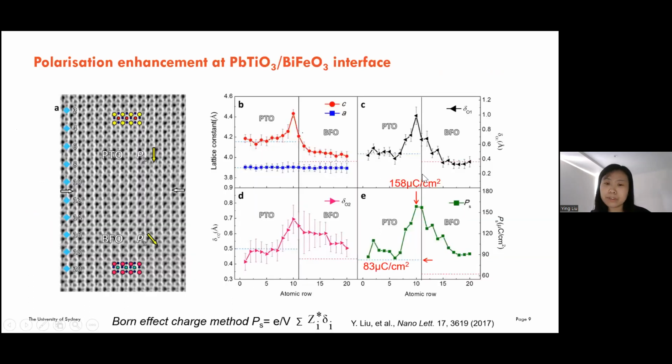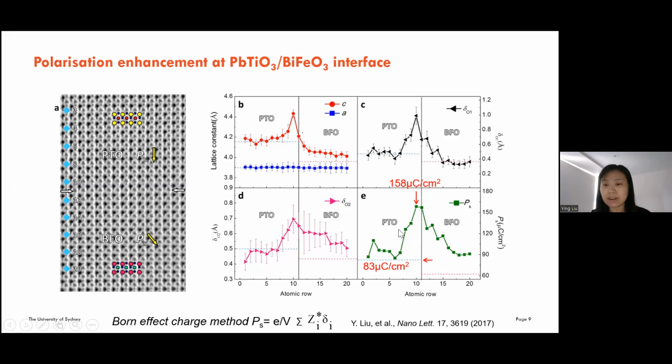So to further prove that there is a polarization enhancement at the interface, we have conducted bright field imaging of the interface. In the bright field image, we can observe lead, titanium, and also oxygen. So according to their positions and displacements, and using the Born effective charge method, we can calculate the polarization at each row of the lattice.